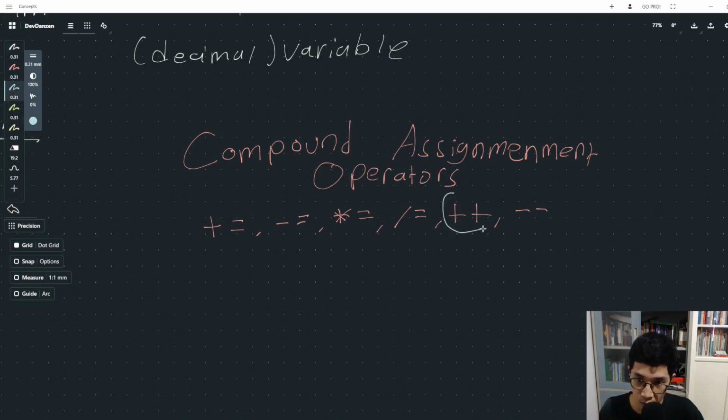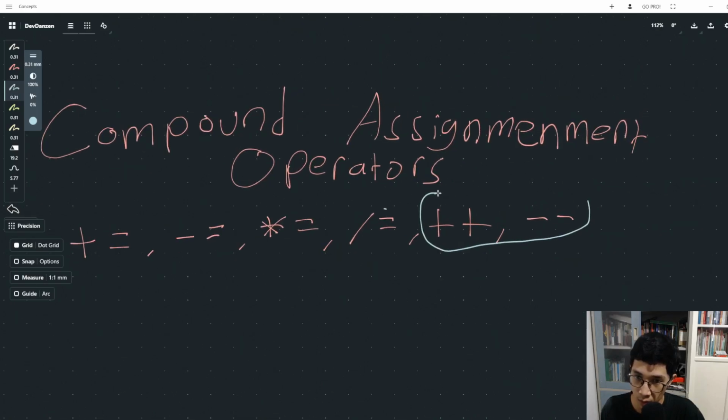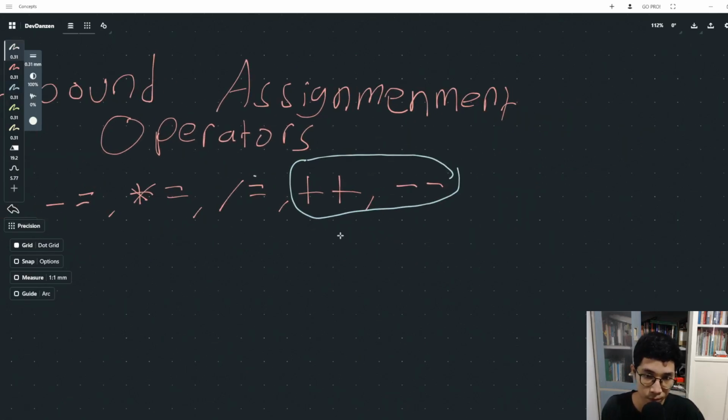For this one, we have some details that you need to know, which is the positioning.